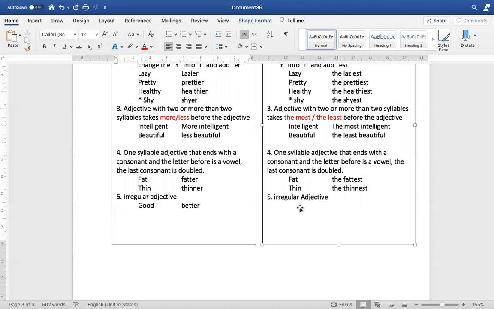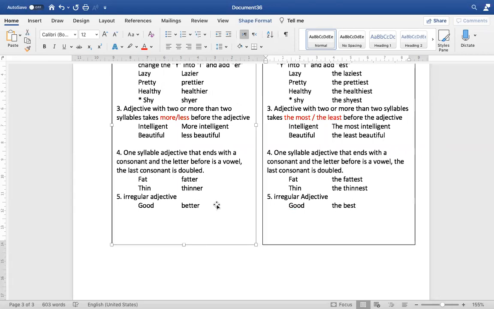And then in the superlative form, good becomes what? The best. Then you've got another one, the opposite of good: bad. Bad is worse in the comparative form, and in the superlative form, it's going to be the worst.